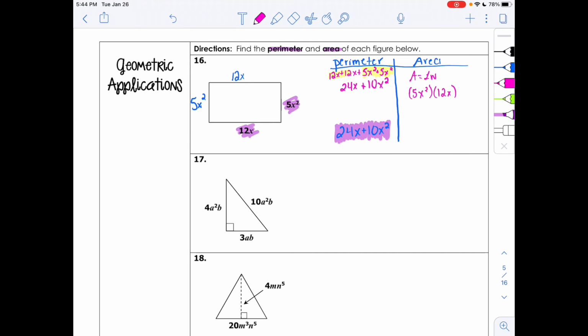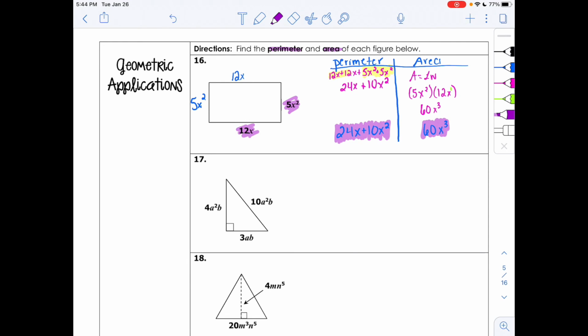So 5 times 12 is 60. And then I'm going to multiply my exponents, or my variables. So x squared times x, remember this x on the second one has a 1. That is going to be x to the third, because when we multiply exponents, we add them. So our area would be 60x to the third.